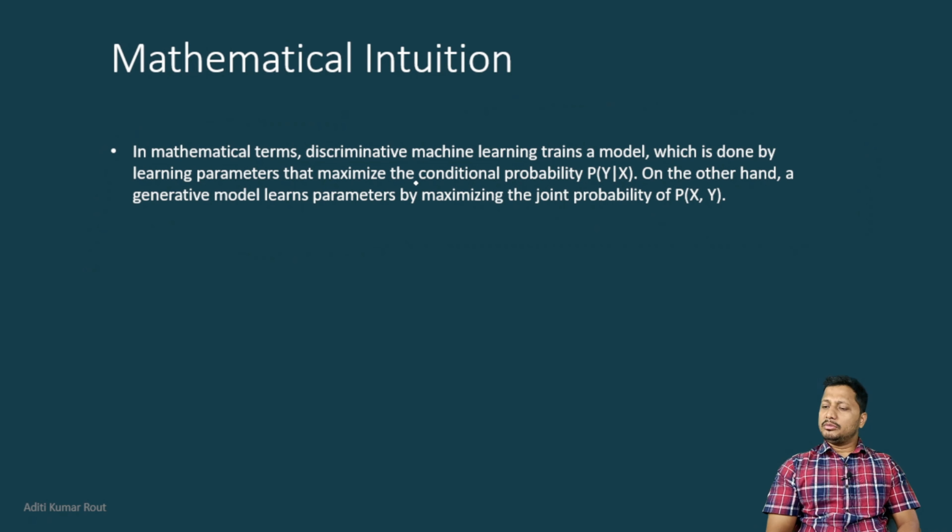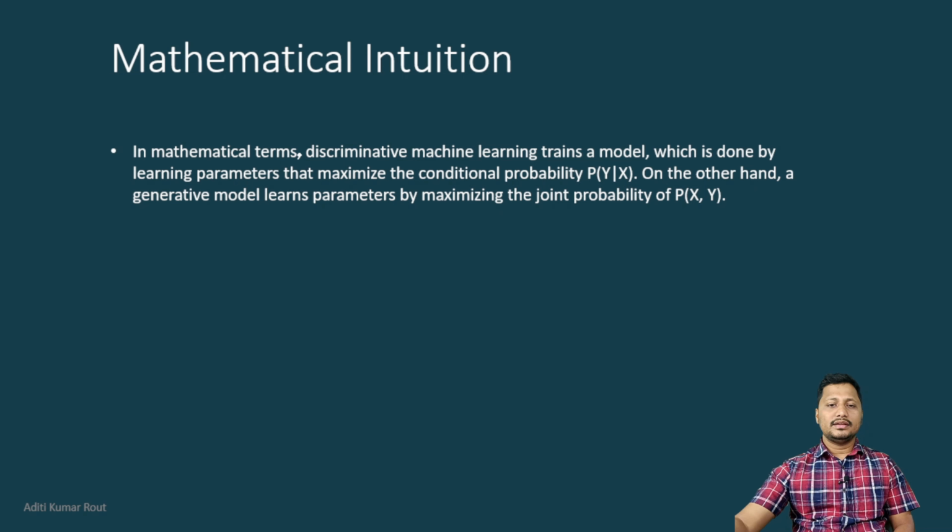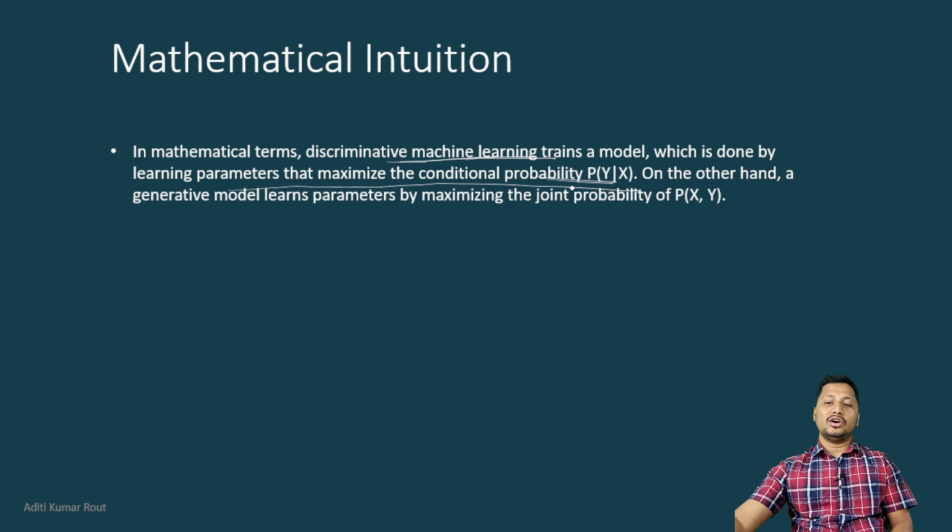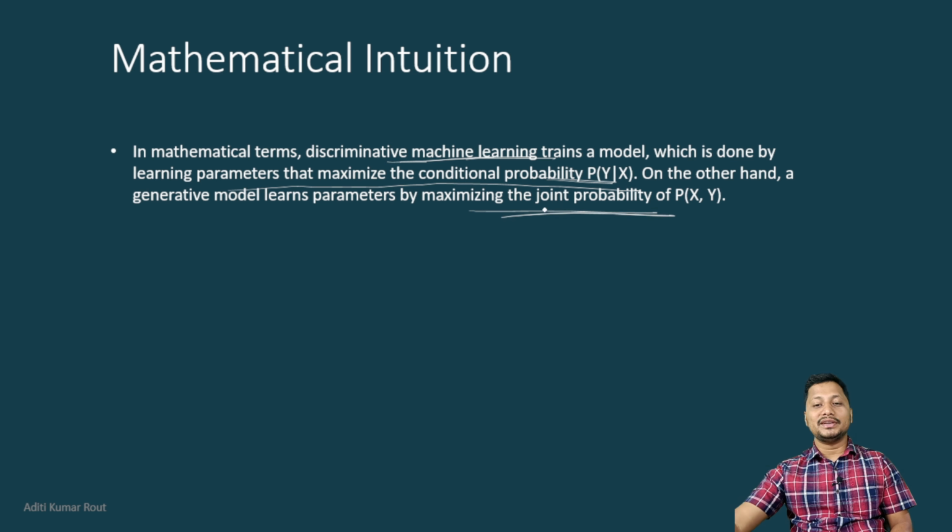If I am talking about the mathematical intuition behind these two types of model, in the discriminative machine learning model, training is done by learning parameters that maximize the conditional probability. On the other hand, a generative model learns the parameters by maximizing the joint probability.